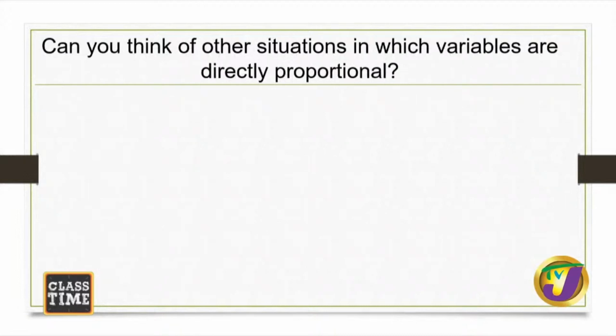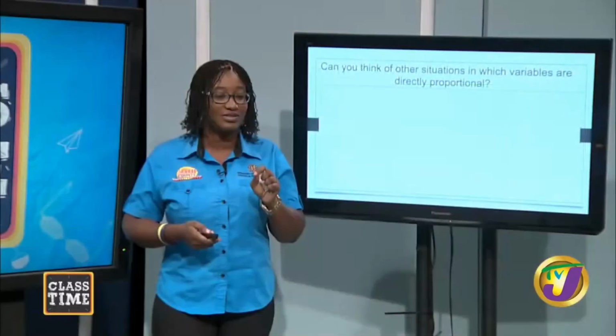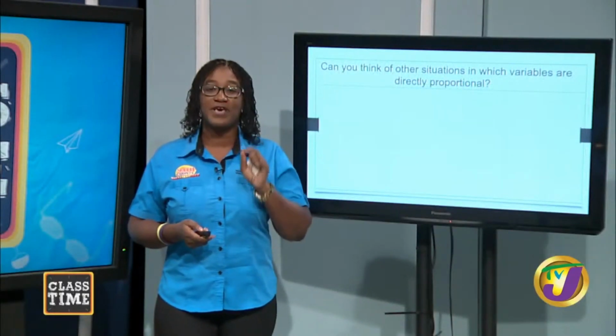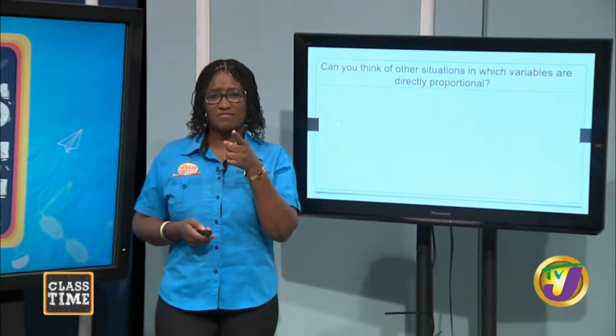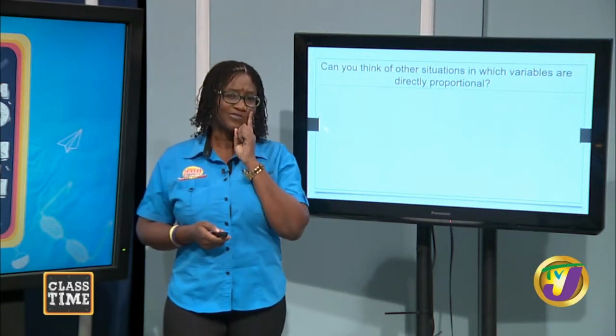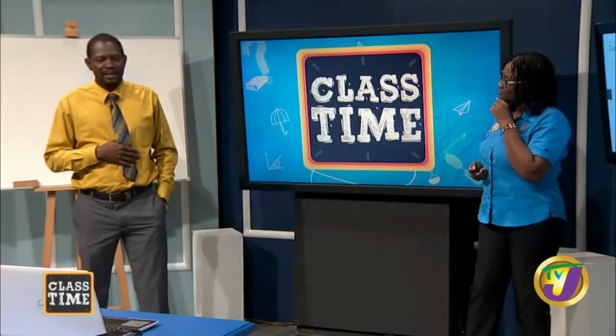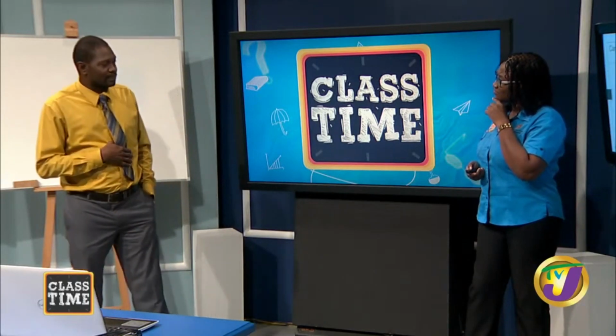Now, I want our students out there, tell me, I'll hear you, can you think of any other situation in which variables are directly proportional? Can you think of any? Karima, one comes to mind almost instantaneously, and that is circumference.